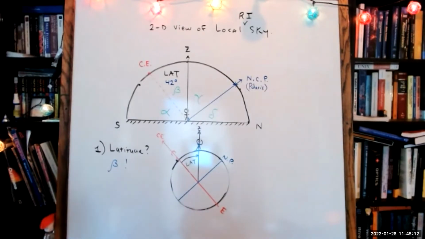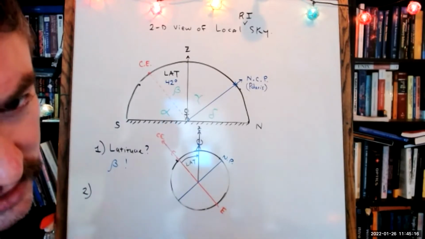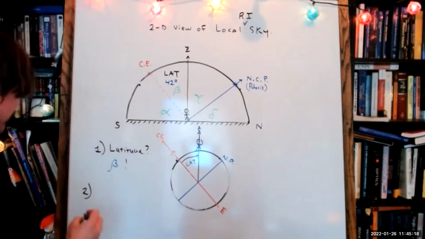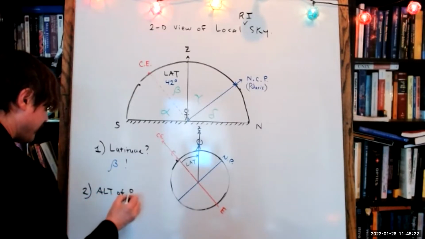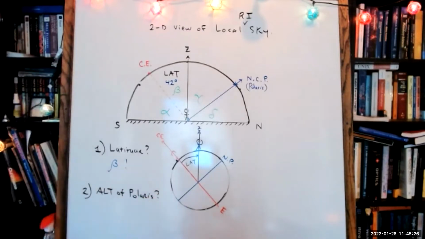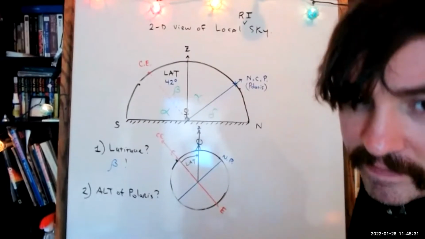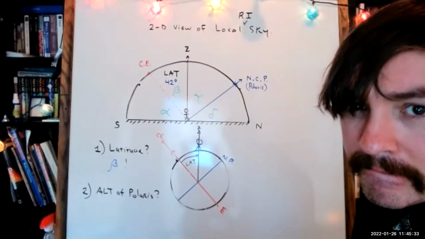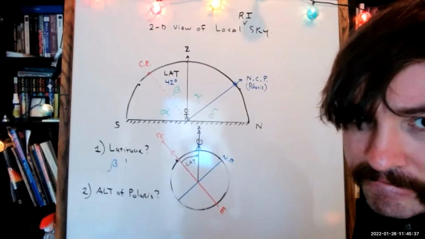One of these angles, alpha, beta, gamma, delta, is a direct representation of the altitude of Polaris. Which angle here represents the altitude of Polaris? You may want to regurgitate the definition of altitude.